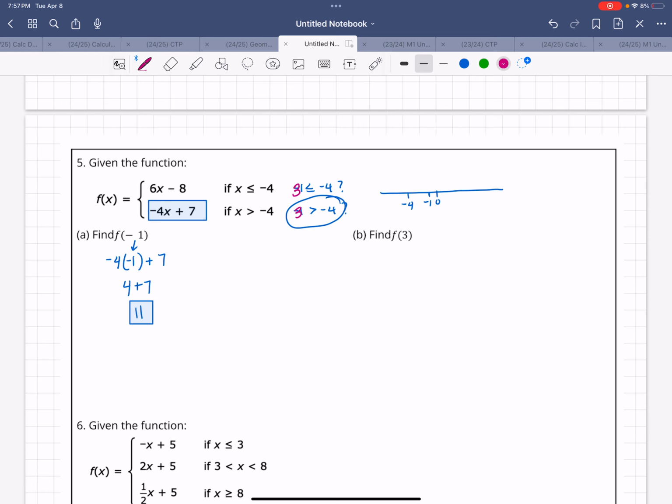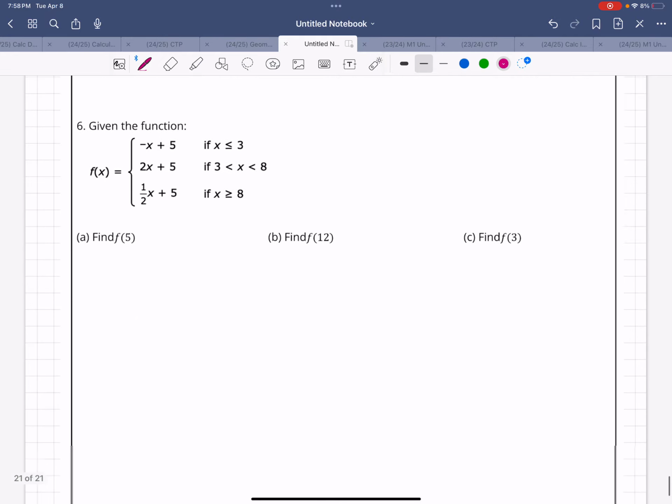The answer is 3 is definitely bigger than -4. 3 is over here on my number line. Just like we did in part A, you're going to be using the same piece. So -4, instead of writing x, you write 3. -4 times 3 is -12, plus 7, which is equal to -5.